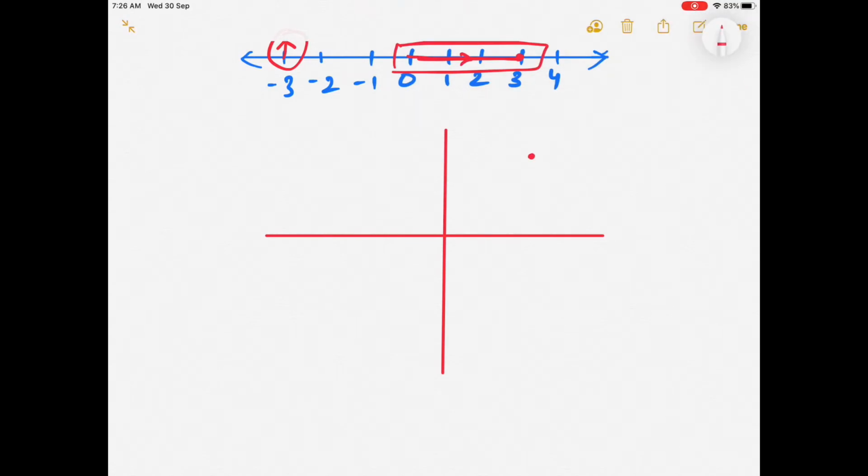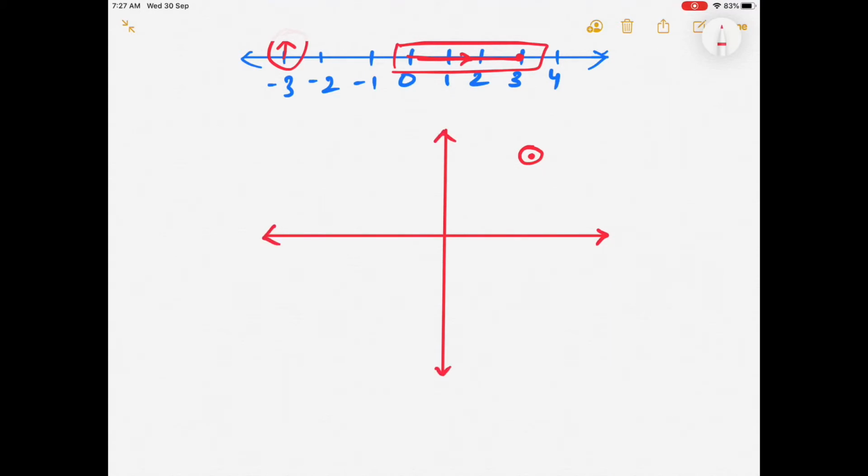So how will we describe to a person where that object is placed? This object is not placed on the x-axis, neither is this object placed on the y-axis. So how will we describe the position of that point? Here coordinate geometry helps us to describe the position.